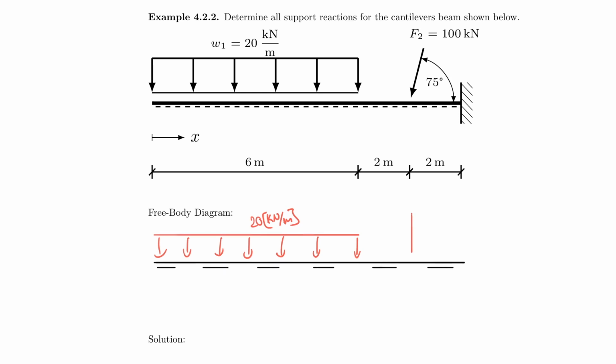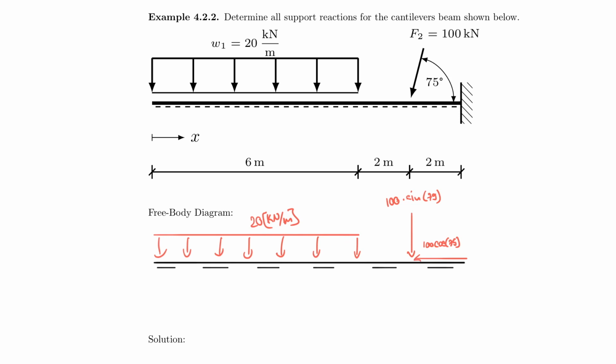So I have the first one, which is really 100 times the sine of 75, and I have 100 times cosine 75. And that one is acting to the left.